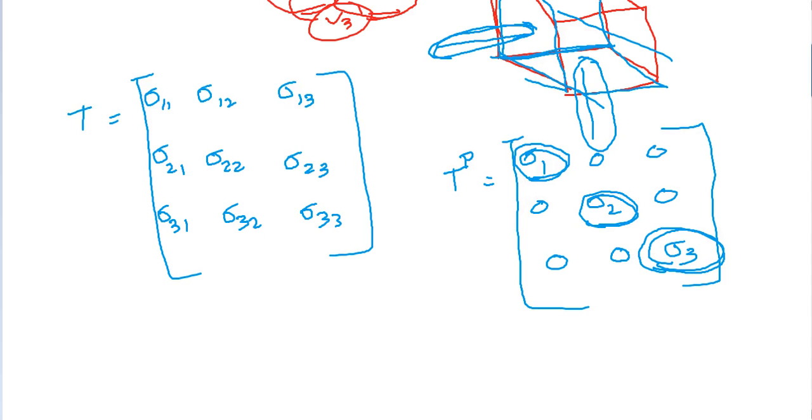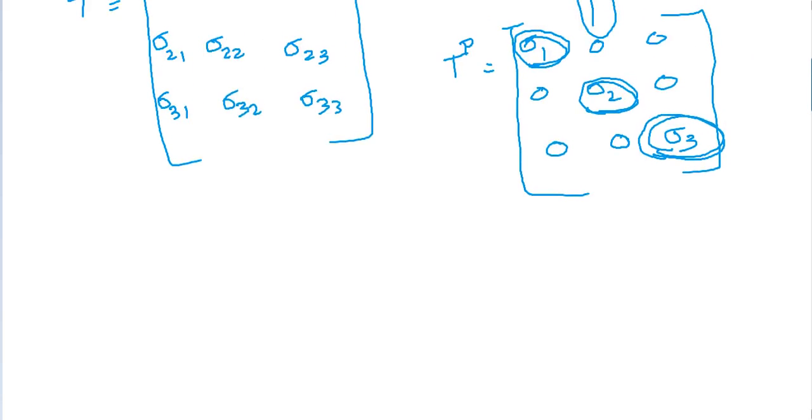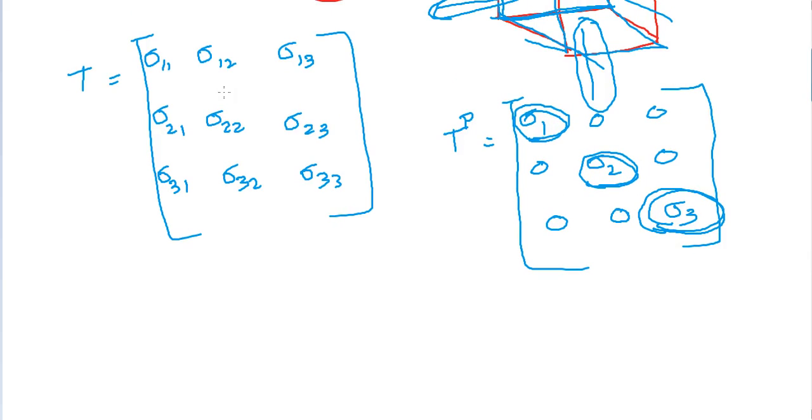Say we have a tensor T. The characteristic equation of this tensor is the determinant of T minus lambda I equal to 0. From there we get lambda cubed minus lambda squared I1 plus lambda I2 minus I3 equal to 0. These are the invariants of the tensor, I1 the first invariant, I2 the second and I3 the third.